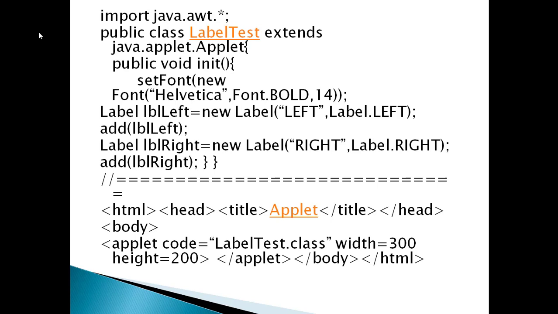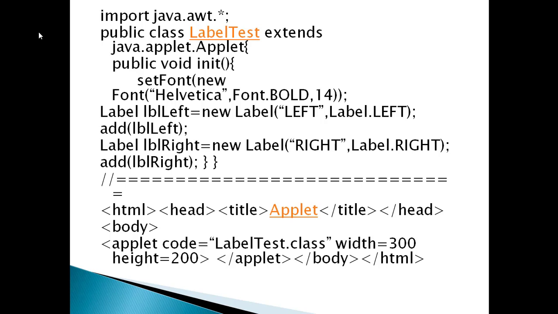See one simple example. First thing is to import the package. We are studying the AWT package. So AWT provides a number of graphical user interface elements, and support for those elements is in the AWT package.